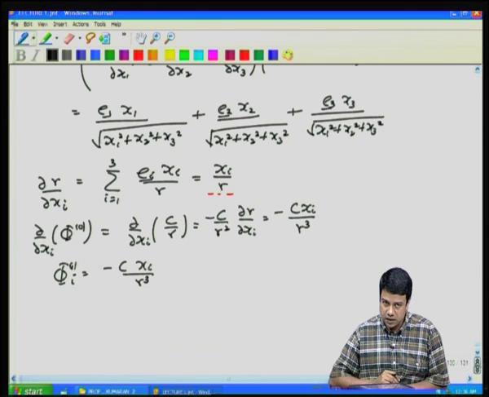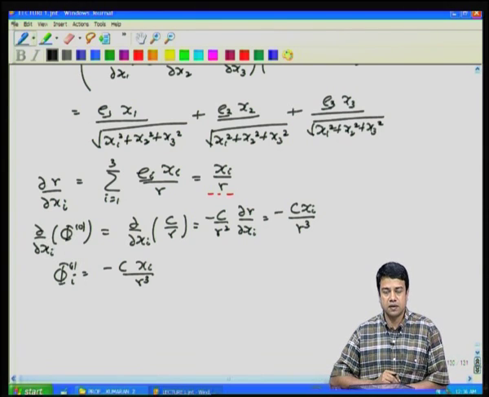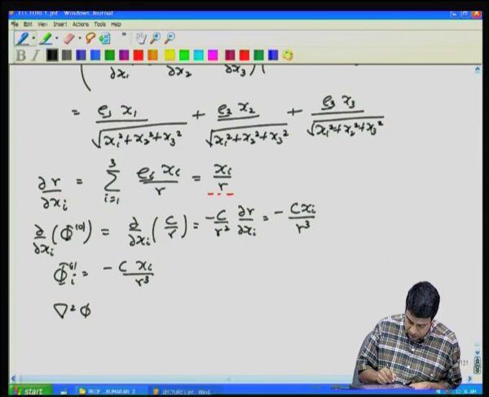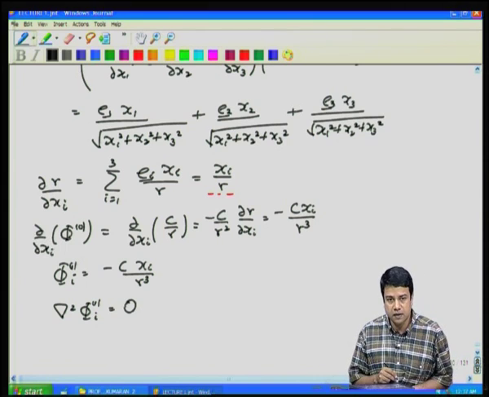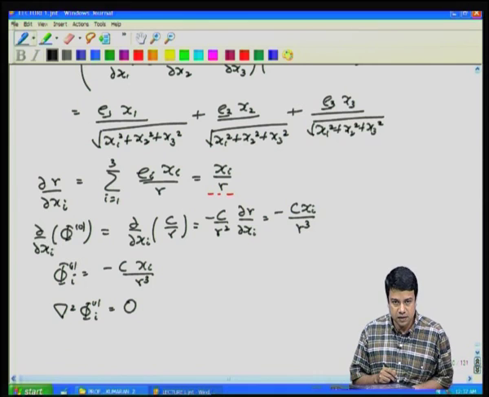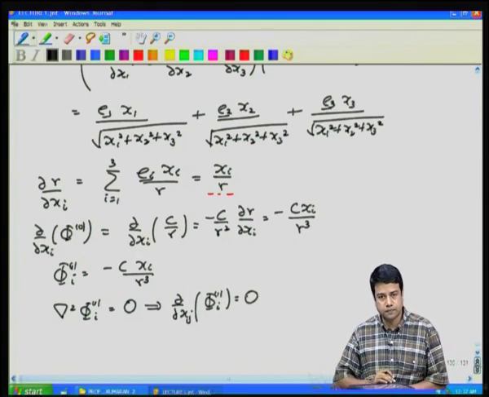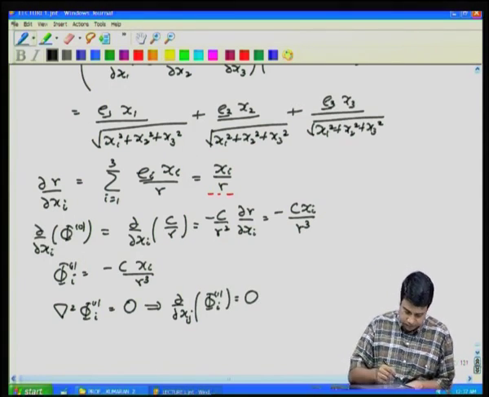If phi 1 i satisfies the Laplace equation, then its gradient also satisfies the Laplace equation. That is, if del square phi 1 i is equal to 0, and I take the gradient of the whole thing, no repeated index, that means partial by partial x_j of phi 1 i is equal to 0. I am sorry.